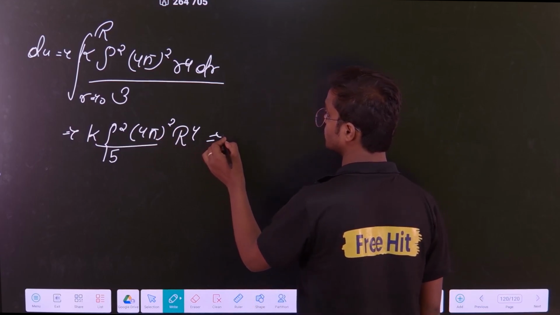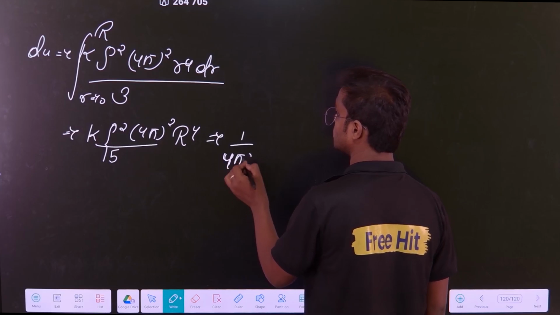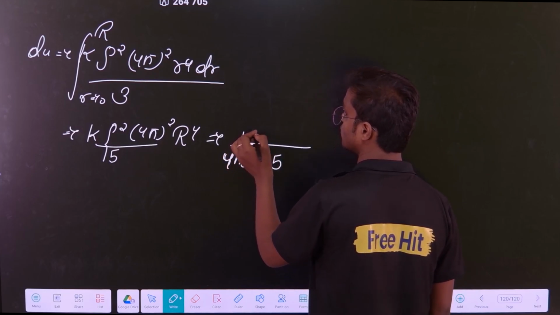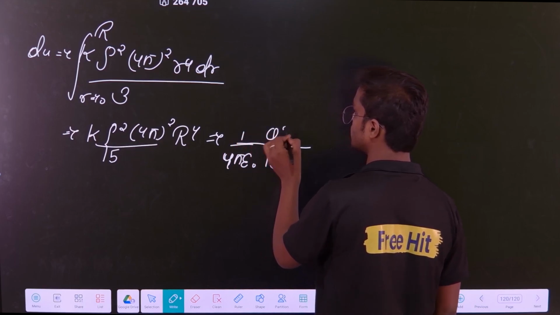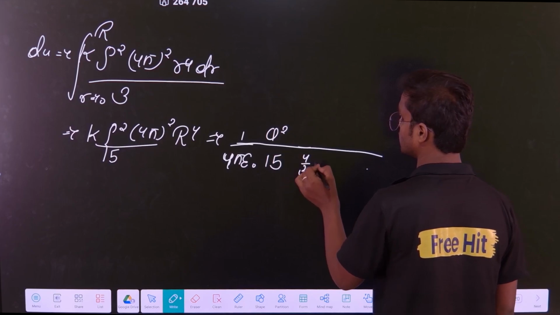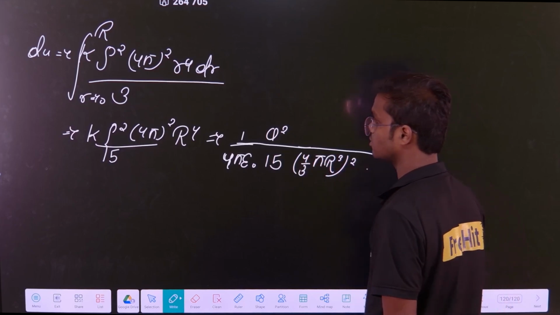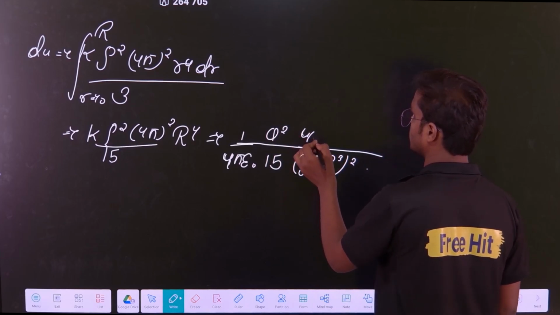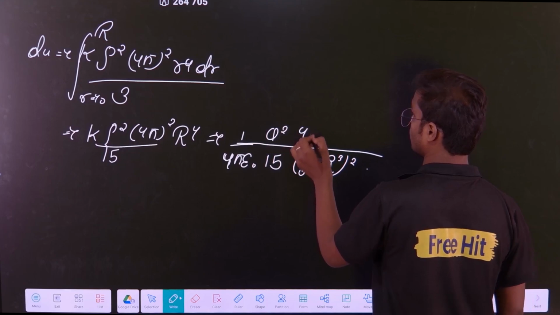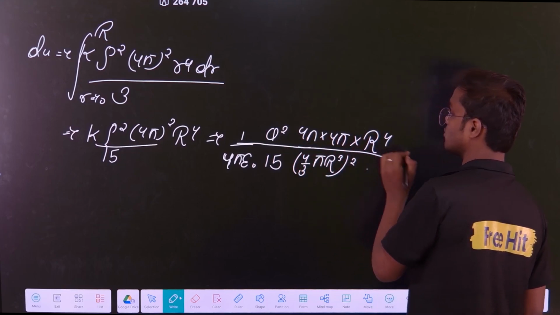Now let me solve and simplify this. k is 1 upon 4 pi epsilon naught. This is 15. Correct? What is rho? Rho is capital Q over 4 by 3 pi r cubed, so rho square is Q square over that whole square. Then we have 4 pi into 4 pi into r to the power 4.